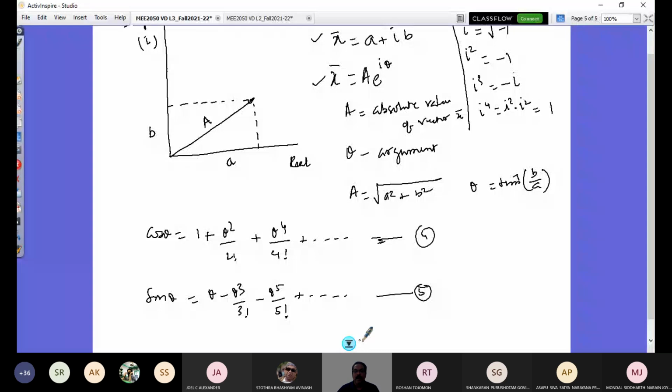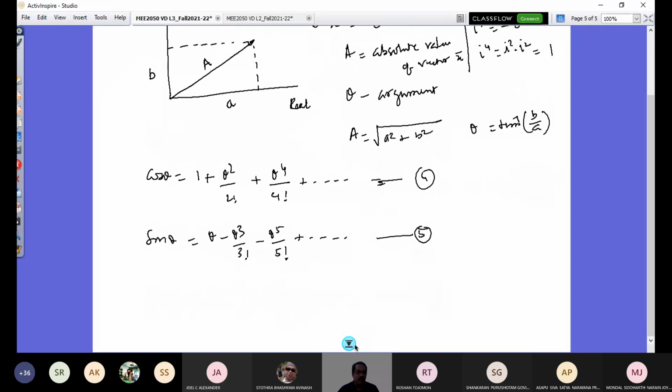I can make now cos theta plus i sin theta. So I'm going to add these. In that, if I add, every term of the sine series is multiplied by i, and the cosine series is not. So I will have now 1, plus i theta, and theta squared.